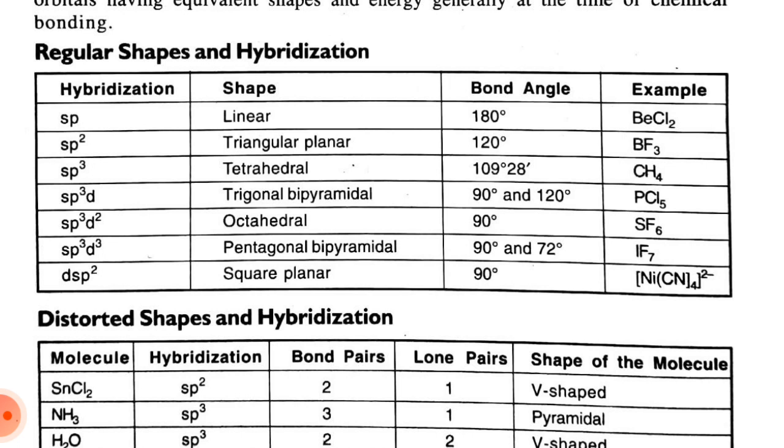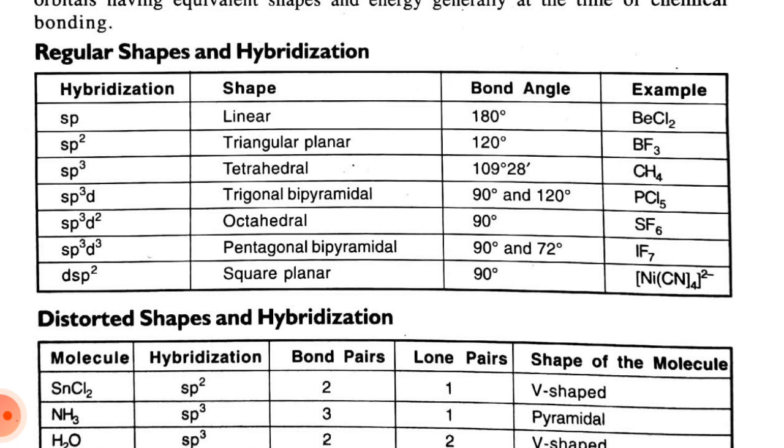Example: CH4, methane. Hybridization sp3d, trigonal bipyramidal, bond angle is 90 degrees and 120 degrees. Example is phosphorus pentachloride. Hybridization sp3d2, shape is octahedral, bond angle is 90 degrees. Example SF6.